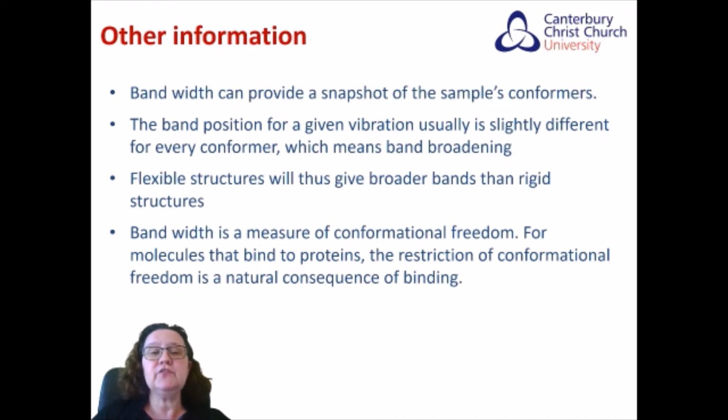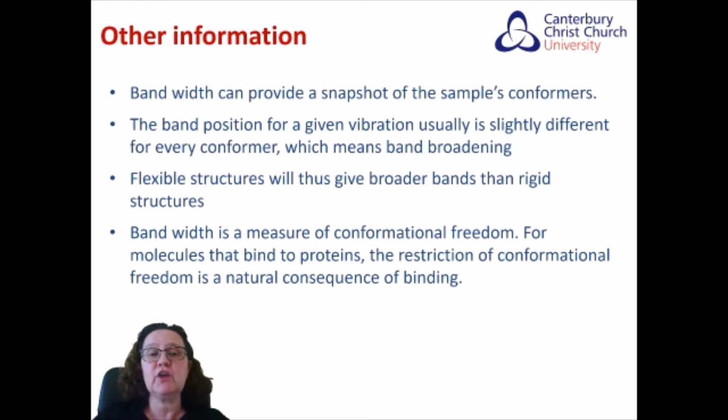Looking at the width of the bands in an infrared spectrum of a protein, you can get information about the protein's conformers. The position of a band is typically slightly different for each conformer, because the way that protein is distributed spatially changes, and that changes the vibrations of the bonds, and that means bands become broader.